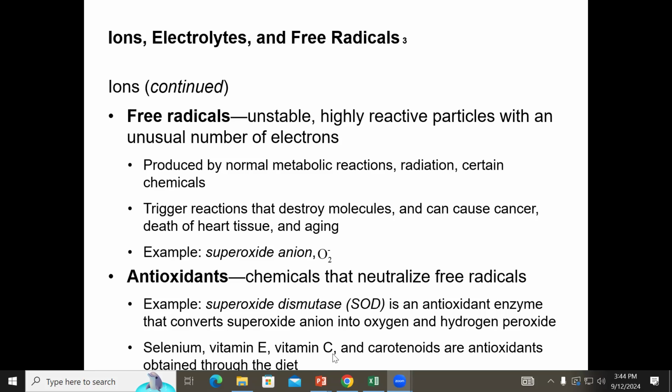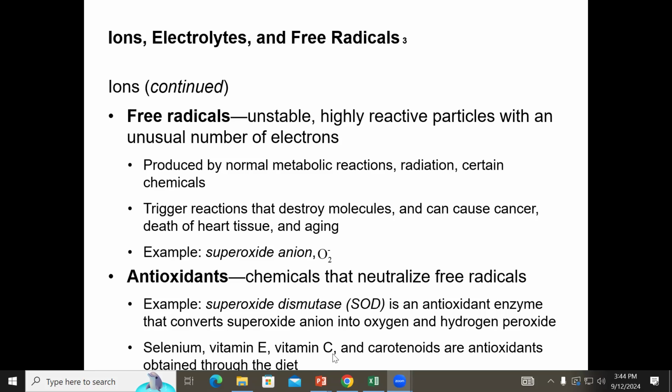Oxidized. LEO says, lose electrons, oxidation. So calcium is oxidized. And if you are oxidized, what kind of agent are you? Reducing agent. So calcium is oxidized, it's the reducing agent. Chloride is reduced, it's the oxidizing agent.